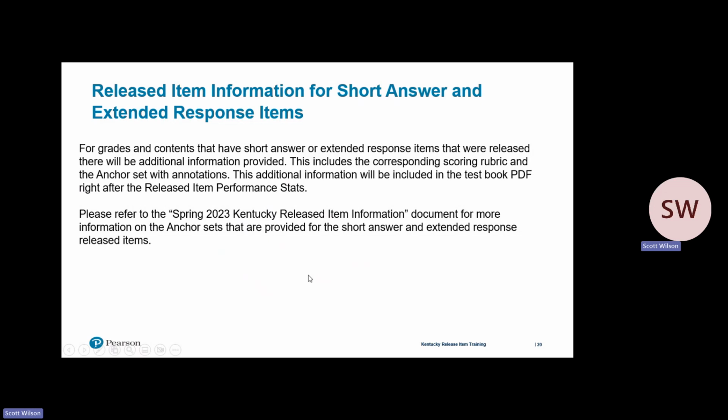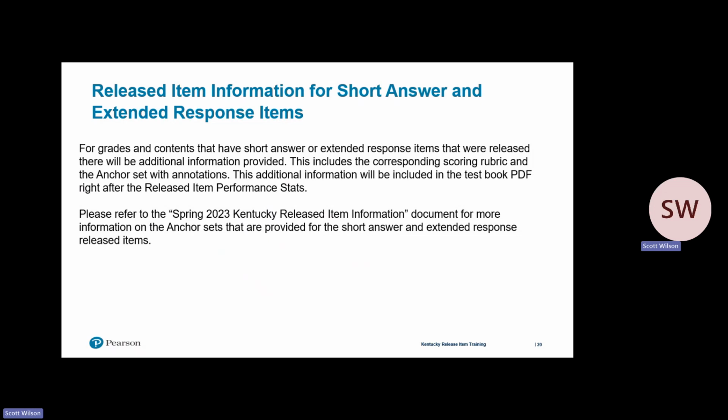If an item is a short answer or extended response, there will be some additional information that is provided. So in the test book, if it's a released item that is an open-ended item, you will have the item, you will have the stats, and then the next page will actually be the corresponding scoring rubric.